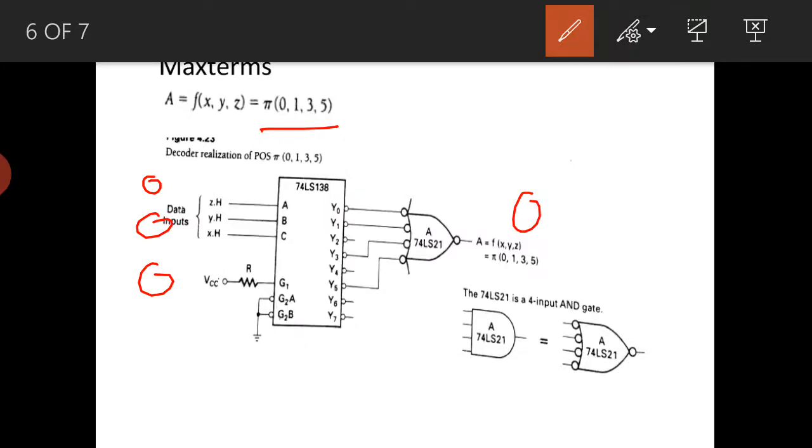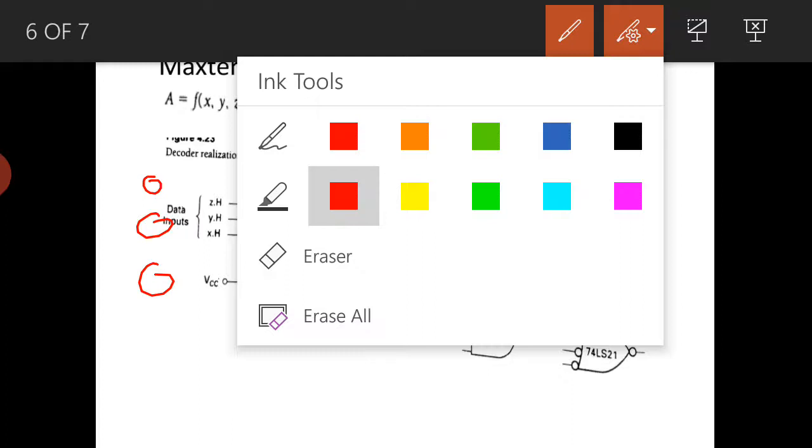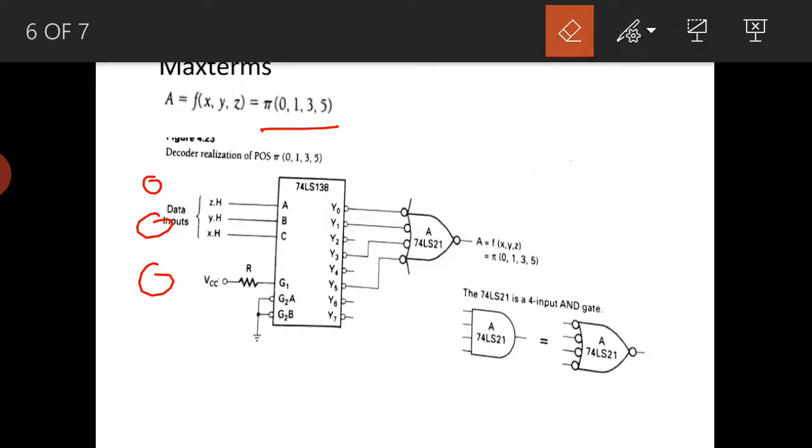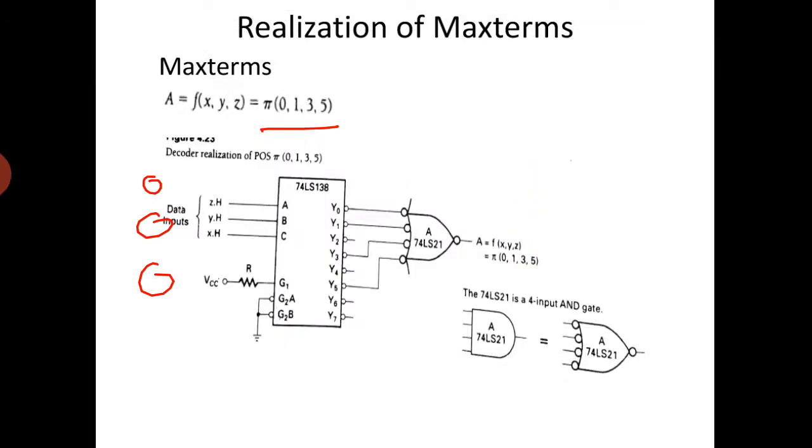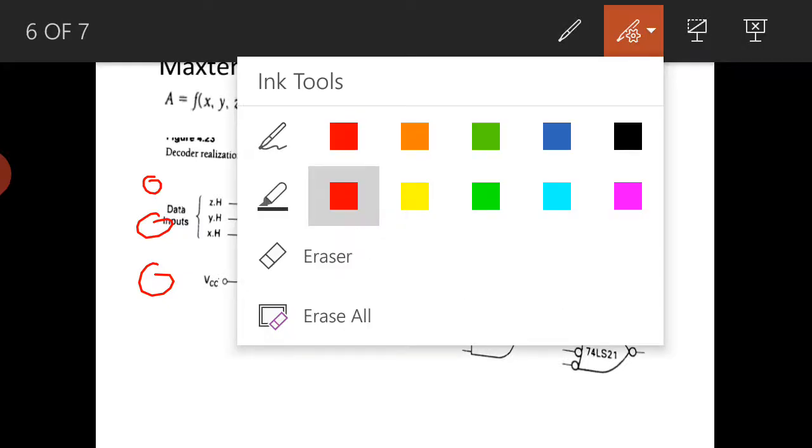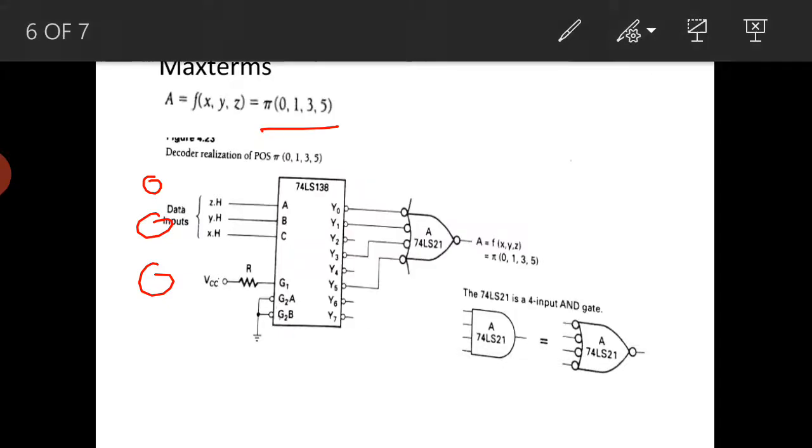Here I will give 0 0 0 as the input. If I give 0 0 0 input, the first output will be low, as the 74138 decoder IC is active low.